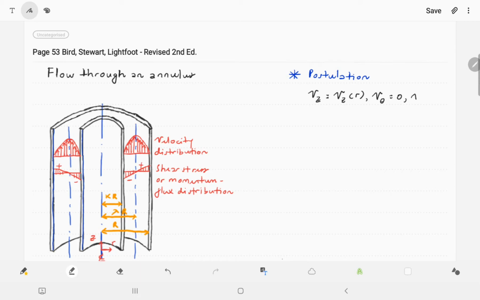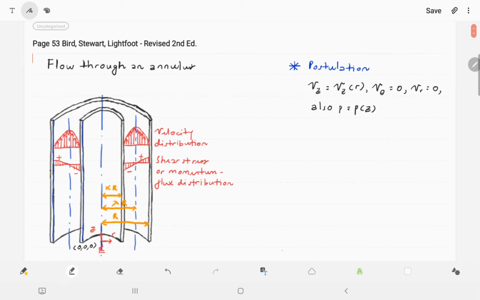The velocity in the radial direction is also 0, and we also have P, a pressure, as a function of z. The coordinate is taken at the start point of where the fluid starts flowing. So we take this point as 0, 0, and 0.